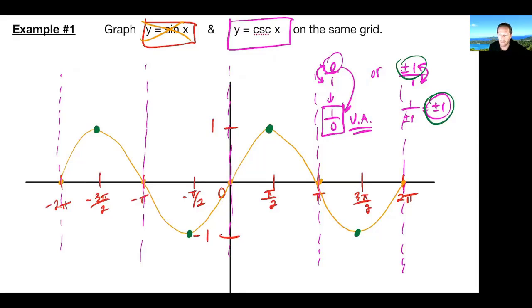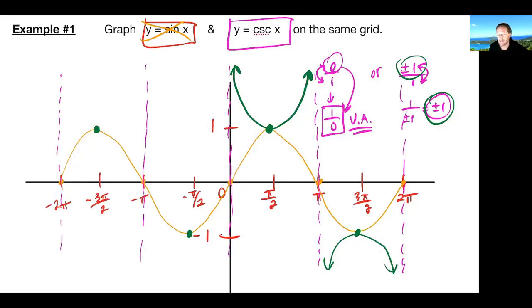And remember, because it's the reciprocal and we virtually just flip our fraction, we can just take what we have here and flip it the other direction. Flip this one the other direction as well. And so that is, my friends, all there is to it, to graphing one period of cosecant.